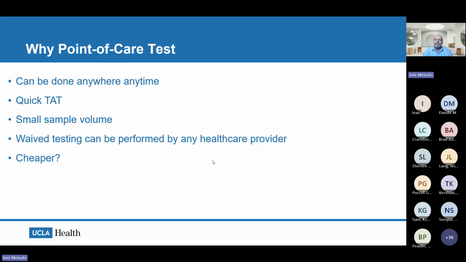Now, on a per test basis, they're not cheaper, but if you want to offer a test right off the get-go and you have a solution for waived testing, which is generally a smaller instrument, the upfront cost of offering the test can be cheaper. If you are able to offer this in a hospital and you make decisions that enable you to use this testing to discharge the patients earlier, that overall cost will be cheaper.